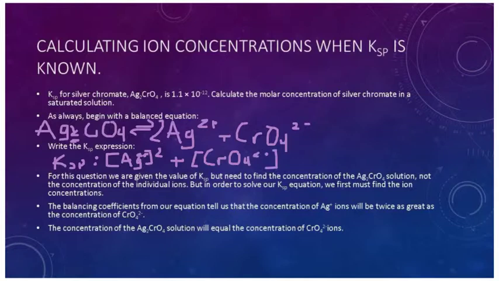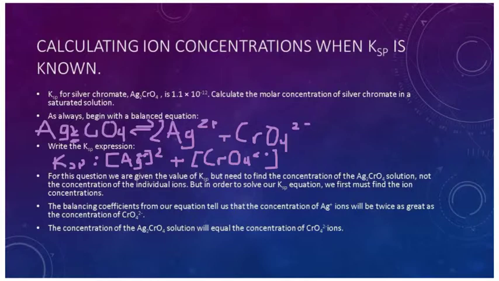Okay. Now, for this question, you're given the Ksp, but need to find the concentration of the Ag2CrO4 solution, not the concentration of the individual ions. But in order to solve our Ksp, we first must find the ion concentration.